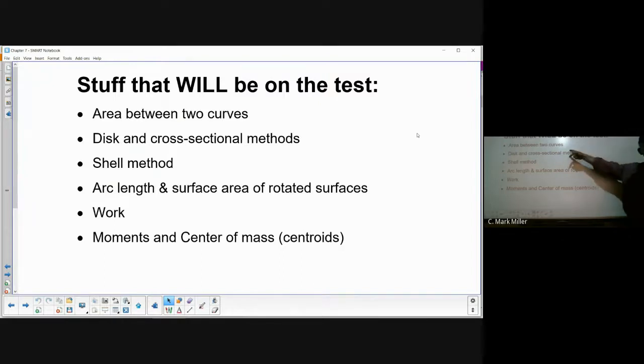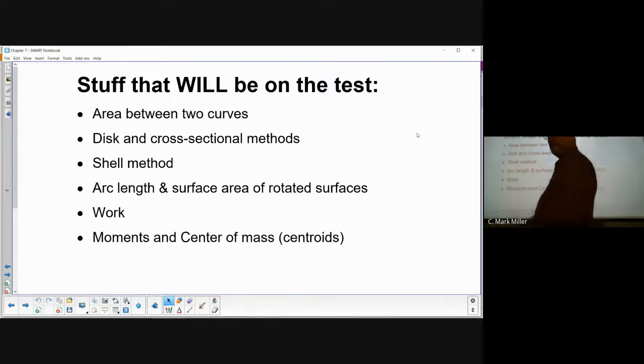Know how to distinguish between disk method and shell method. Know those formulas. Those formulas will not be on the test. There's only a couple of formulas there, and a couple for arc length and surface area. If you've done enough problems, by now you've done several in arc length, several in surface area, and tons in disk method and shell method.